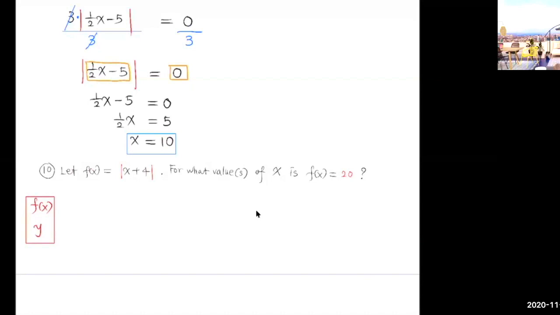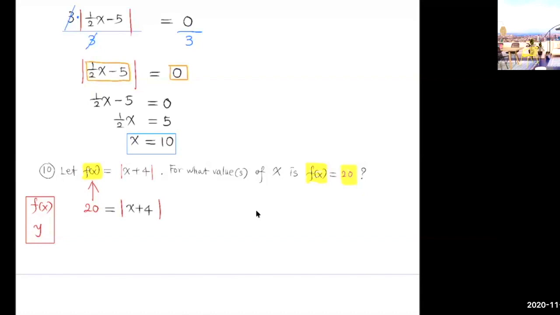So what do I have over here? I have f of x equal to 20. And so this whole f of x is going to be replaced by 20. That's equal to the absolute value of x plus 4.